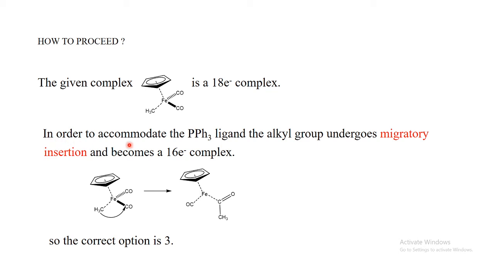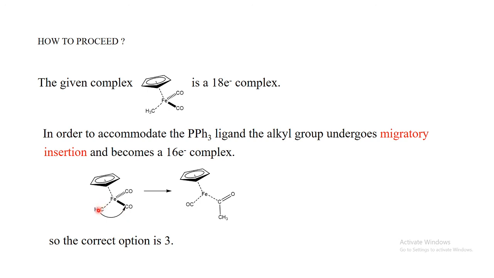In order to accommodate the triphenyl phosphine ligand, the alkyl group undergoes migratory insertion. You observe that the methyl group attached to the iron center undergoes migratory insertion onto this carbonyl ligand.